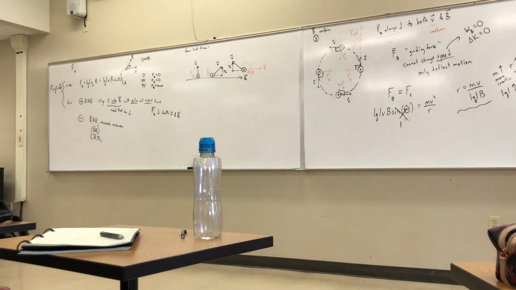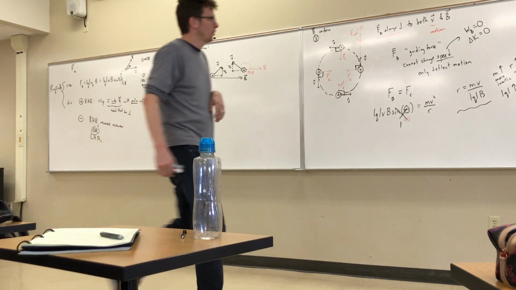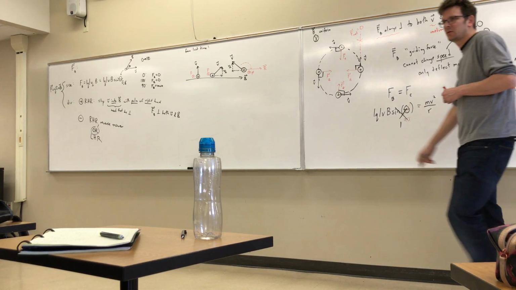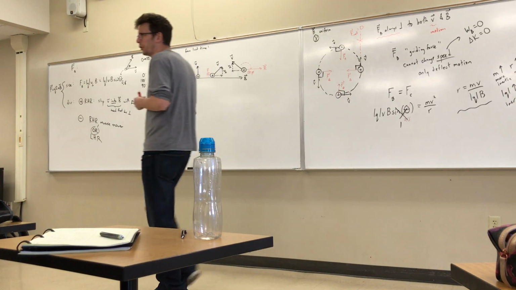So why is that? Well, if you increase the charge, it makes the magnetic force stronger, right? If you have a more violent force hugging the turn, it's going to hug it into a tighter turn, right? So this increases the magnetic force that's responsible for pulling this thing into a turn.